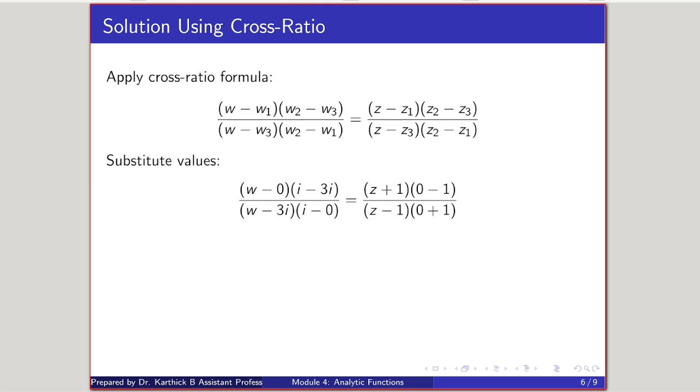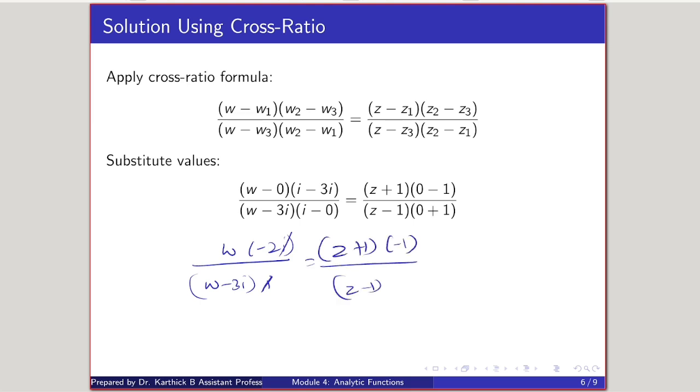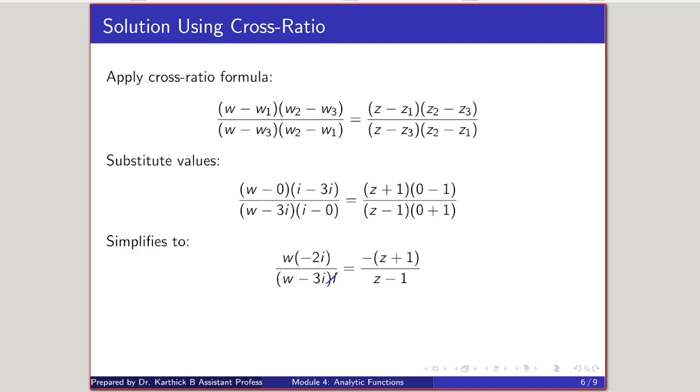On the next step, I want to simplify this term. It will be w into minus 2i, then (w minus 3i) into i will get cancelled. Then (z plus 1) into minus 1, then (z minus 1) into 1. On the next step, i will get cancelled, and then at last we want to find w, so we have to write the function in the form of w alone.